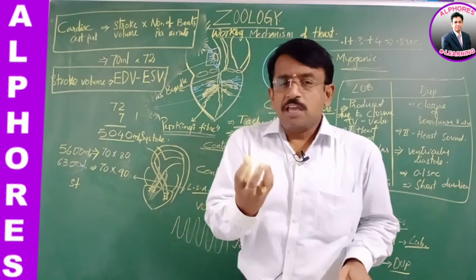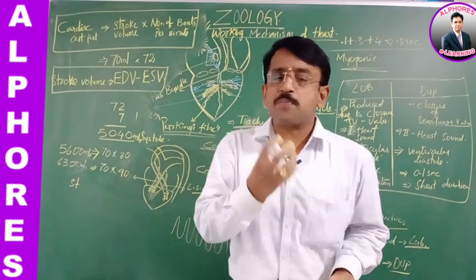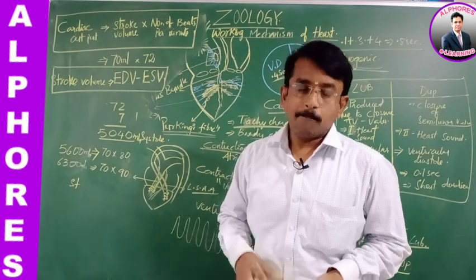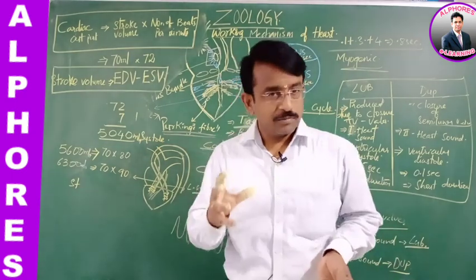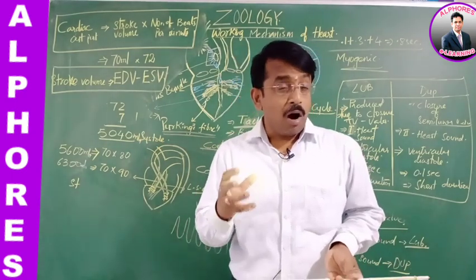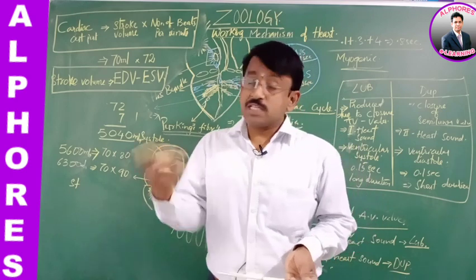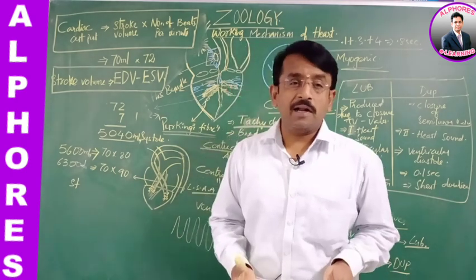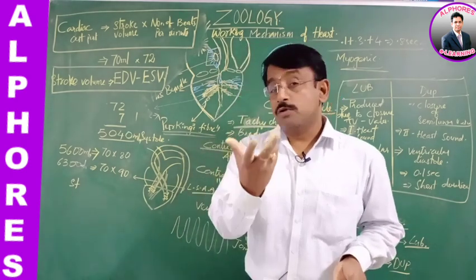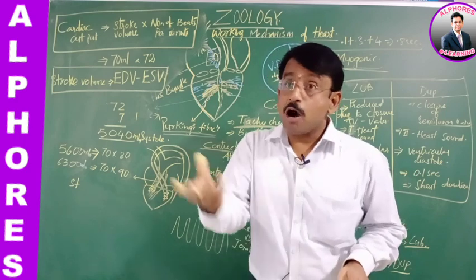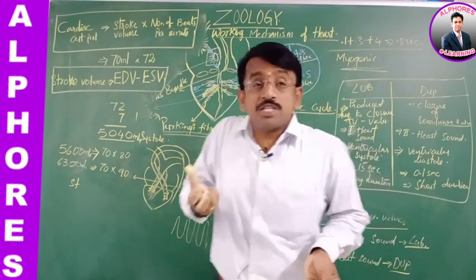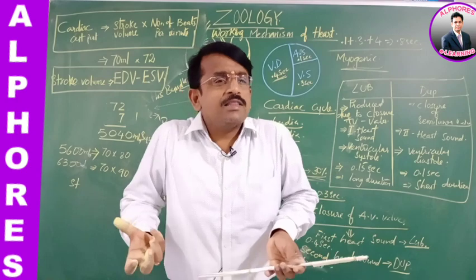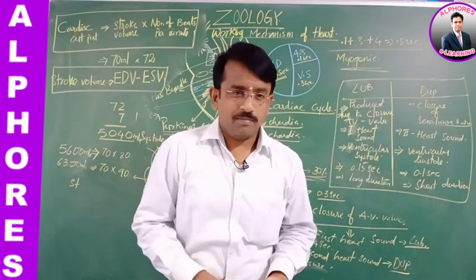Suppose I say it is an expenditure by a heart, okay? How do you say how much is spent? You can also say how much is received and how much is left is how much is sent out.